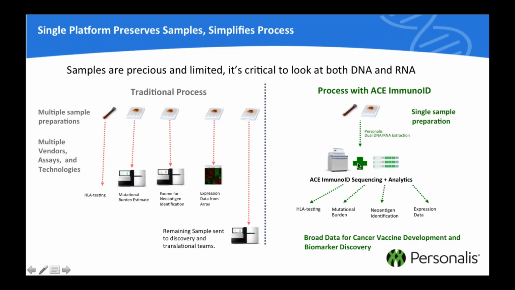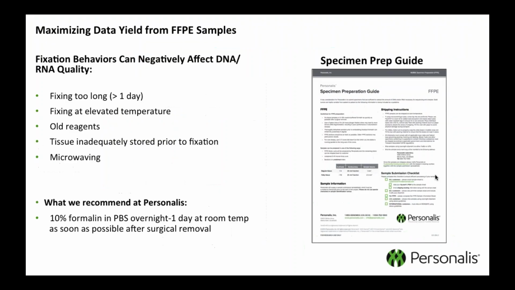So we've designed our approach, our ACE Immuno-ID, as really a one-stop solution that enables multiple analytics from a single sample preparation. I'll be discussing these multiple analytics further in the presentation, but you'll see that with our high-content assays, we provide a very rich, very broad data set for discovery.